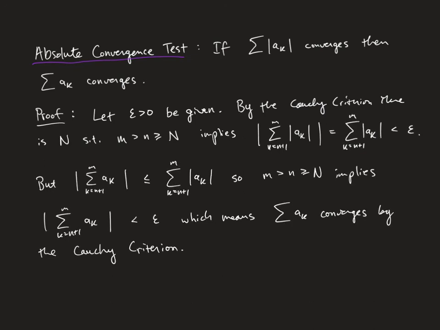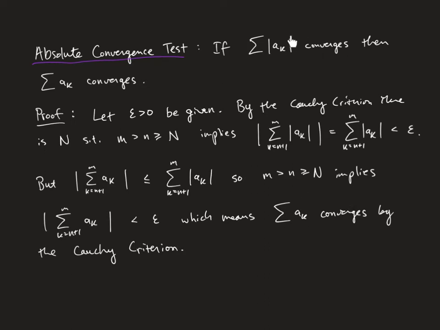So we kind of use the Cauchy criterion twice. From the convergence of this, we have that given an epsilon, there is an N, and so on. And then we show that given that epsilon, we can bound our original series, and so therefore by the Cauchy criterion, we must have convergence.